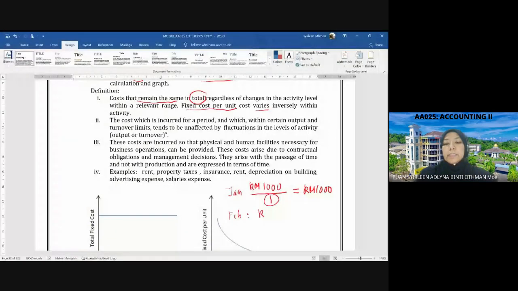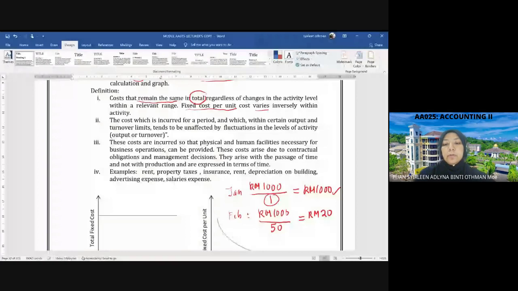So sewa masih kekal 1,000, tapi kilang decided to produce 50 units. Okay, so bila dia decided to produce 50 units, so fixed cost per unit, okay, it's no longer 1,000 lah. Okay, sebab dia dah kena bahagi dengan 50 unit tadi. So automatically, fixed cost per unit is RM20.